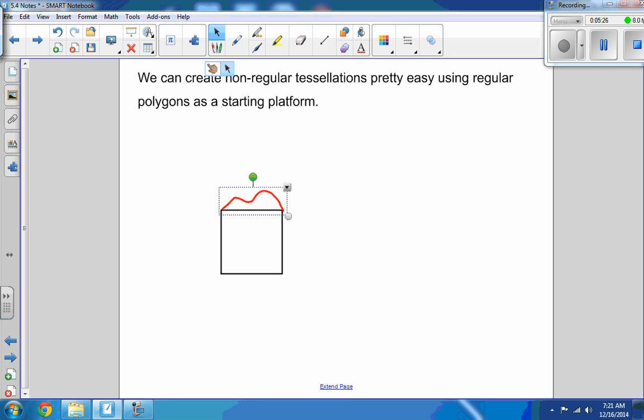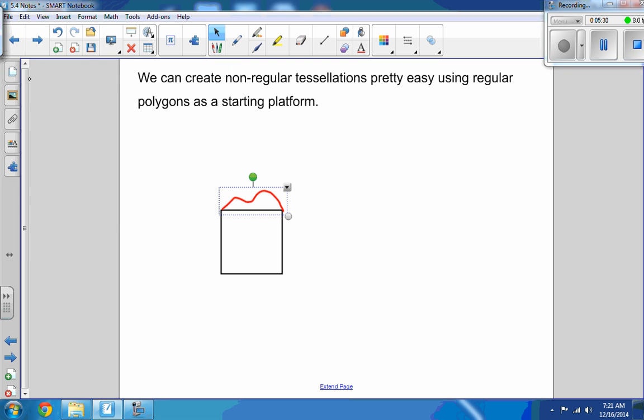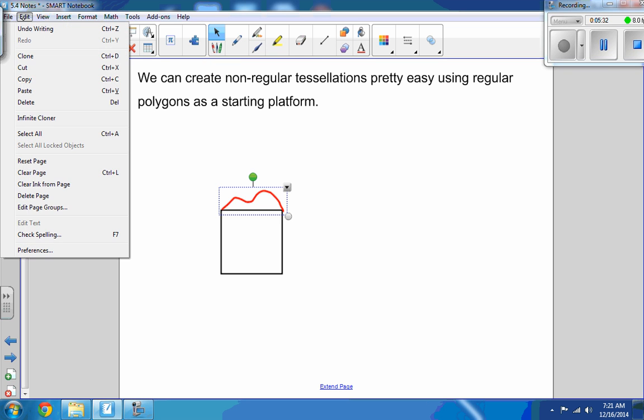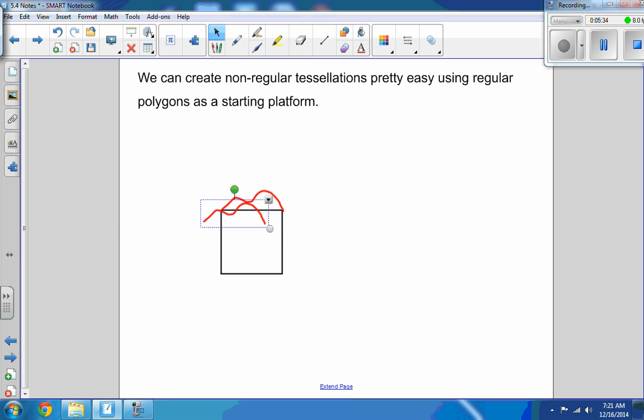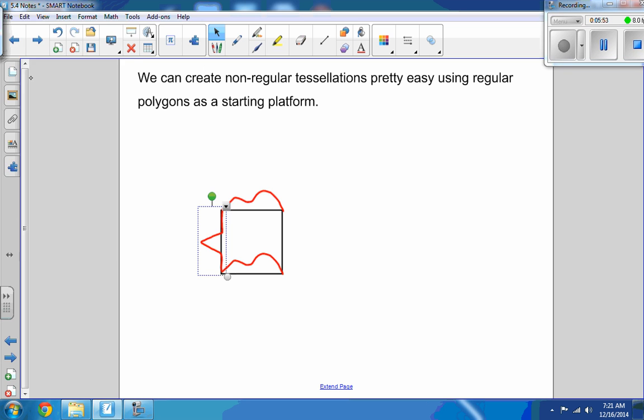I'm going to copy it, and then paste it down the bottom. Now I'm going to make something else, and copy that onto the other side.